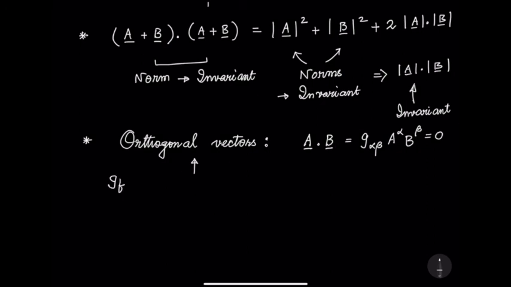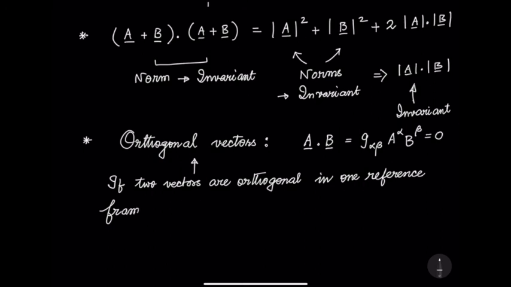So if two vectors are orthogonal in one reference frame, and when I say reference frame, I'm doing special relativity, so I mean inertial reference frame, then they are also orthogonal in all others. Okay.